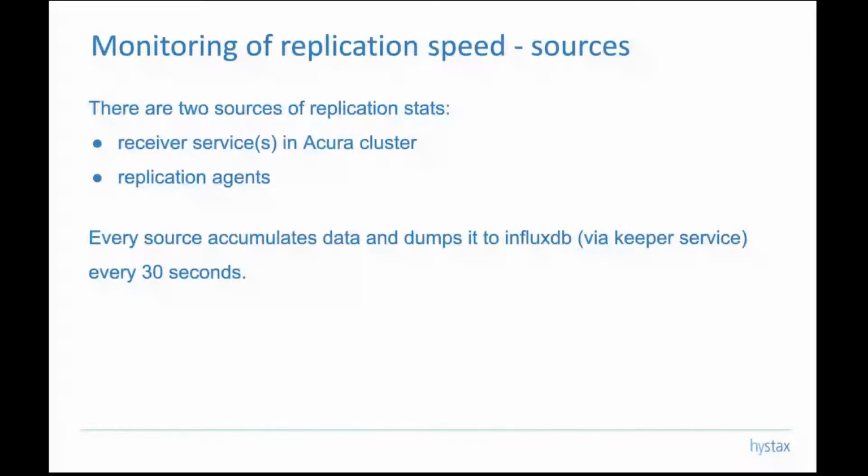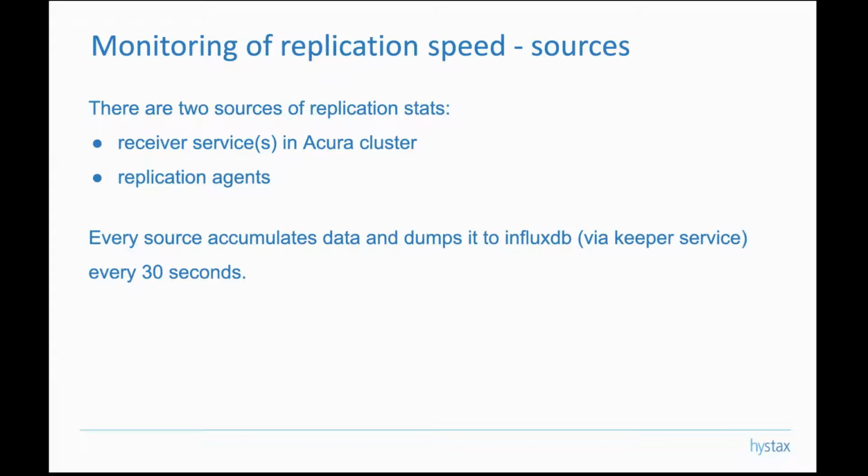It's gathered by the receiver service in Acura and by the replication agent. A question here: user and password are fixed? Yes, user and password are pre-configured, I would say, for all the users, but of course each specific cluster will have its own Grafana inside.